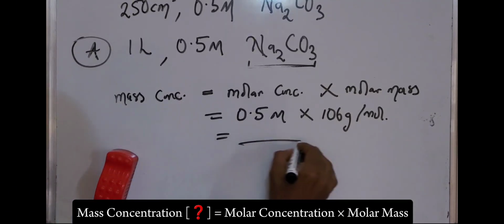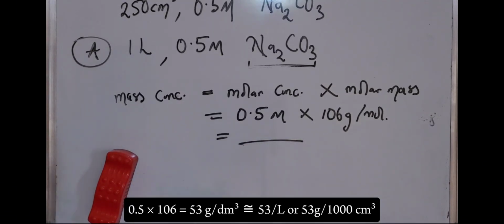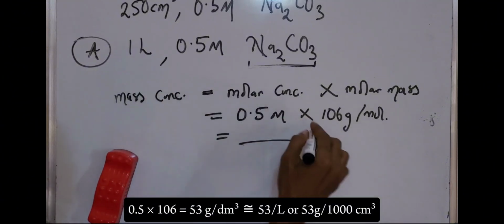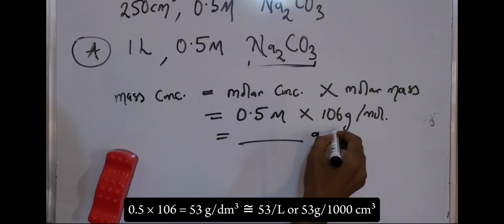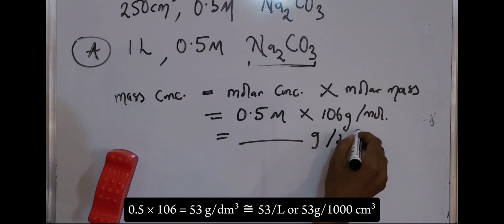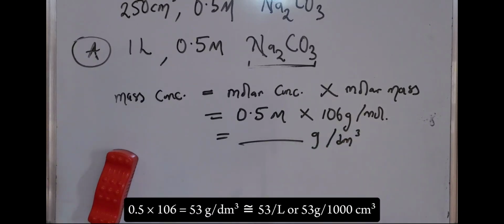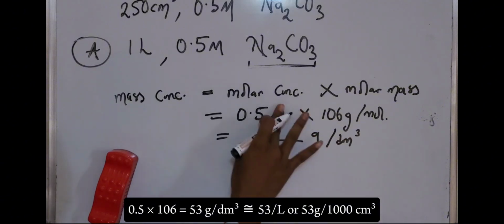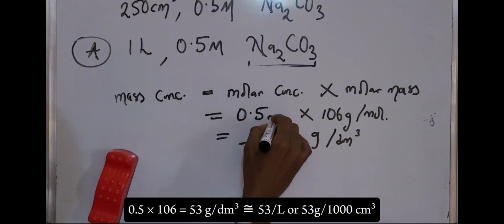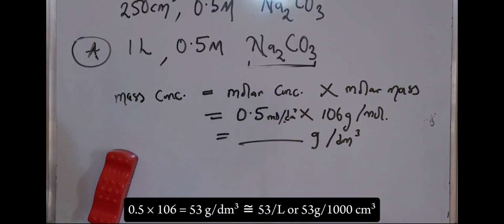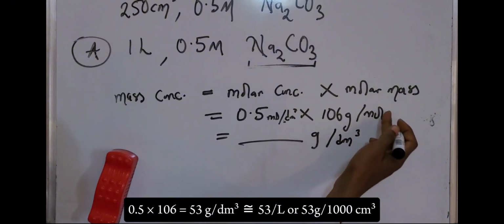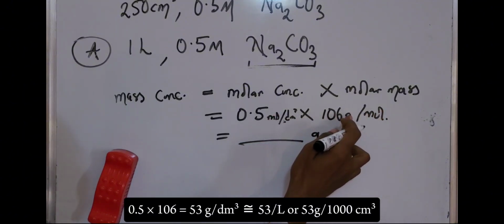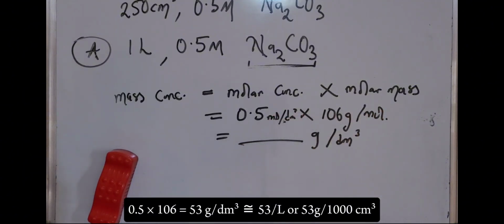Whatever this gives you is going to have the unit of mass concentration, which is gram per dm cube. Remember that 0.5 molar means 0.5 mole per dm cube. Can you see that? Mole cancels mole, and you'll be left with gram and dm cube. Look at it, gram per dm cube.